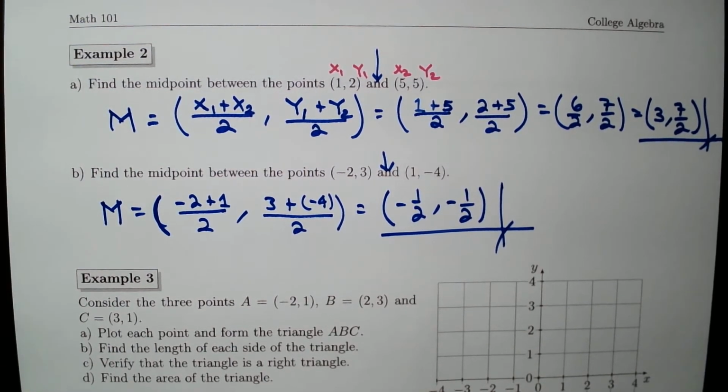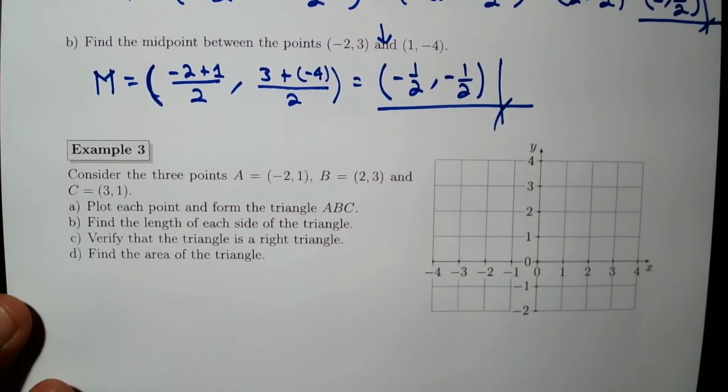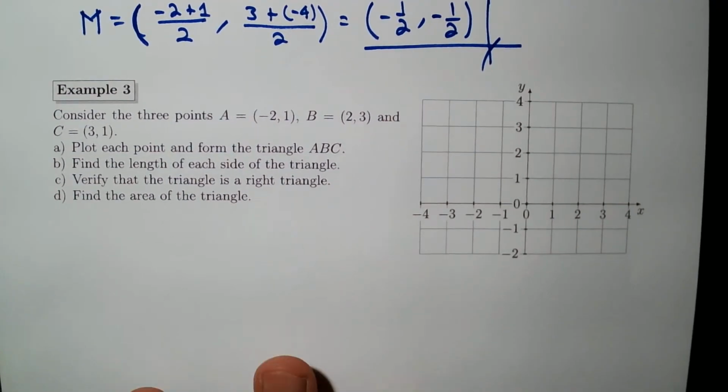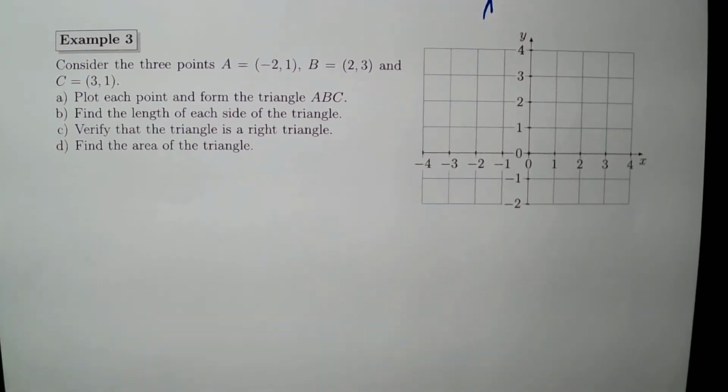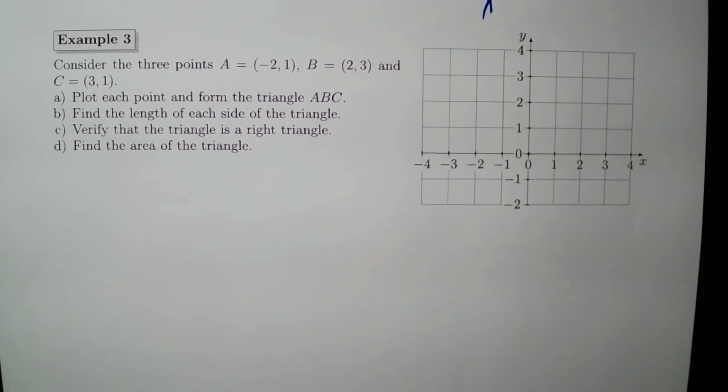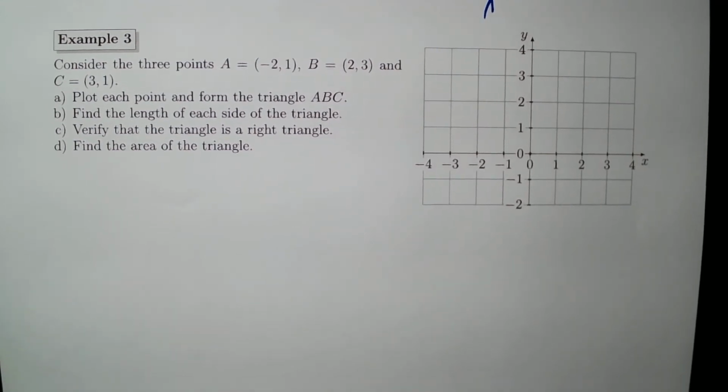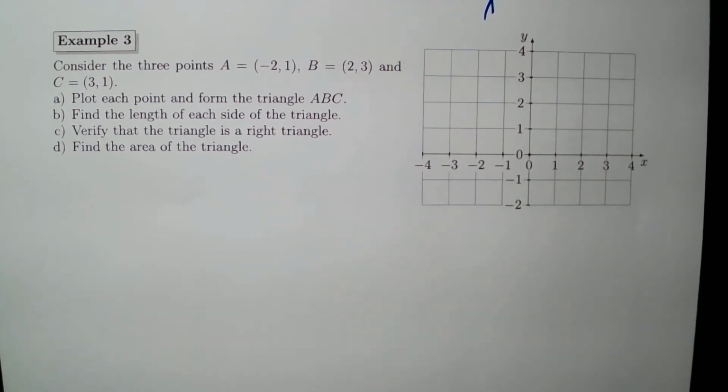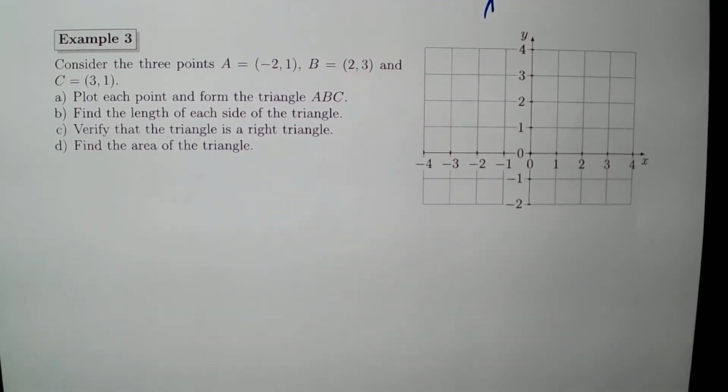A very classical problem in college algebra is the following. We are given 3 points, in which, number one, they ask us to plot them on the Cartesian plane that we have there, which is what I'm going to do now.